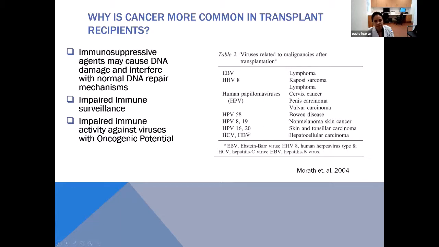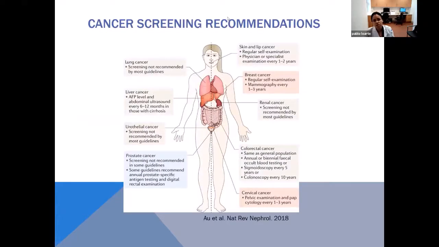As you know, we tend to use the same cancer screening as the general population for our transplant patients, except we also have them see a dermatologist. They changed, for example, the Pap smear frequency.